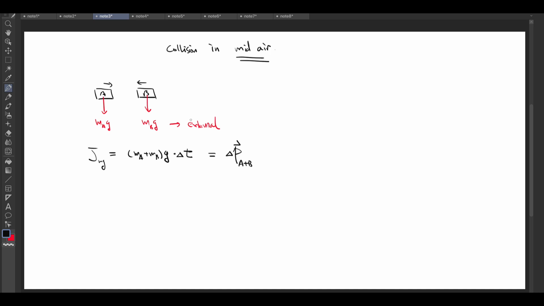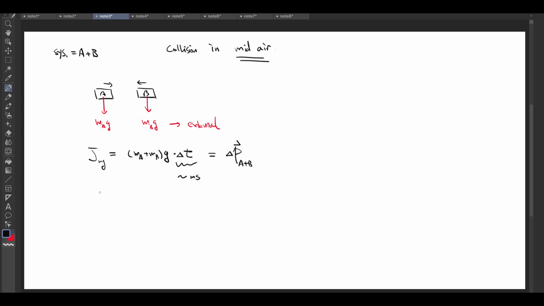The system here is A plus B, so think about the total momentum change for both A and B. Now we're going to use the argument that we talked about in the earlier slide about this delta T here. Because it happened very quickly, even if it's in mid-air, this delta T is in the scale of milliseconds.